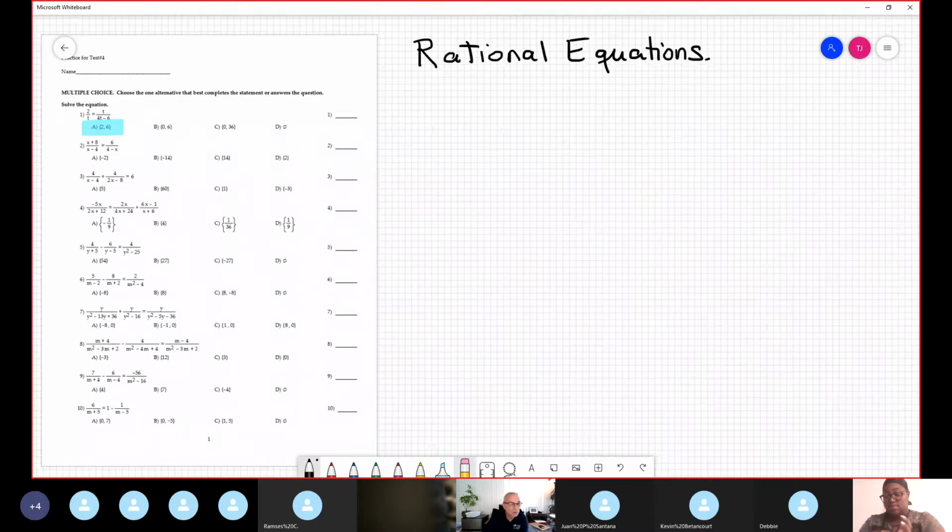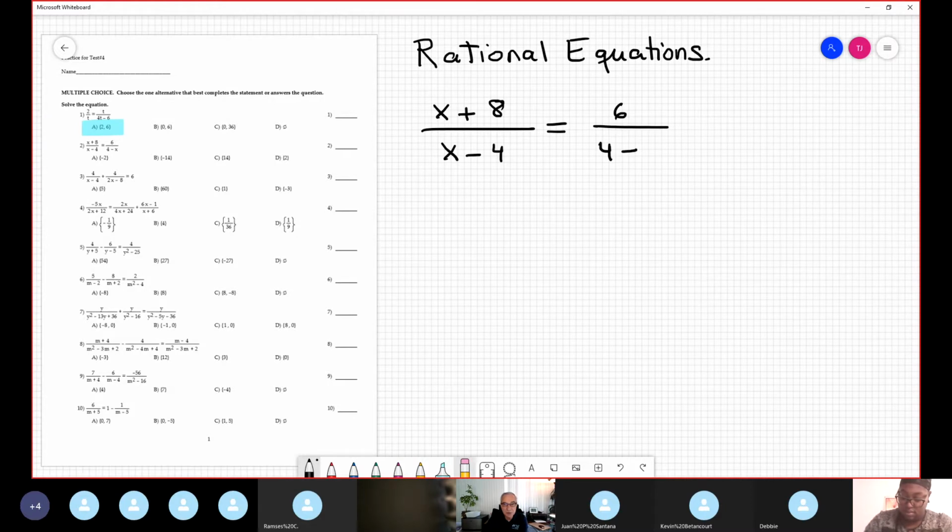Okay, let's move on to the second example. Say (x + 8) over (x - 4) is equal to 6 over (4 - x). Okay, in this case, x - 4 and 4 - x are family, because they have opposite signs.